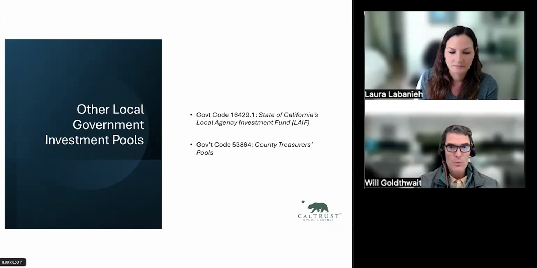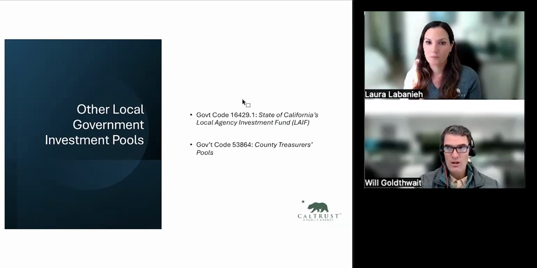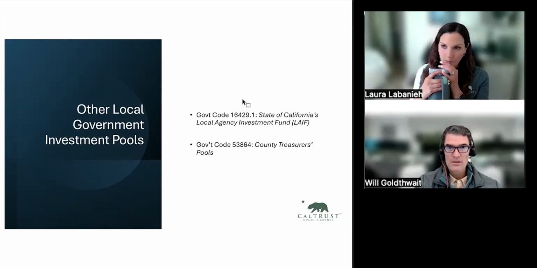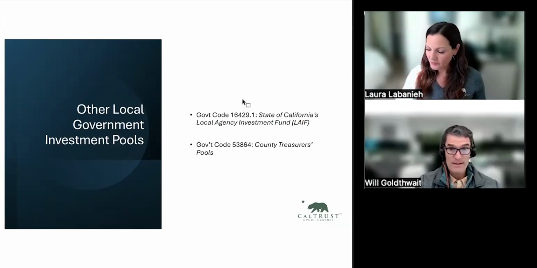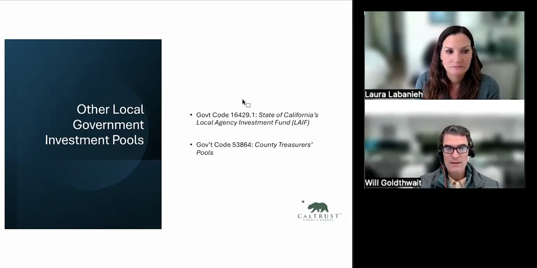In other words, we can't take the duration of that fund beyond 60 days. In fact, we tend to run it much shorter than that because we know that at any given moment, you, the investor, could call us and want to have your money back because you need to make some payment. You've got infrastructure that you've got to work on, or any sort of payments that need to go out, and therefore you need that liquidity.